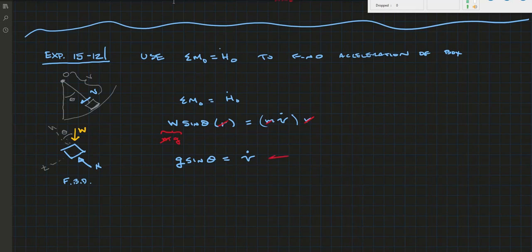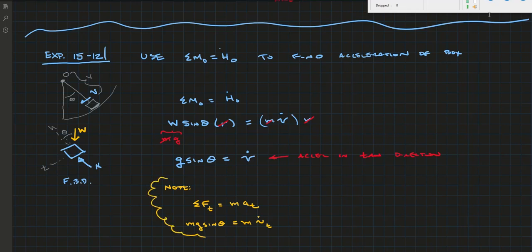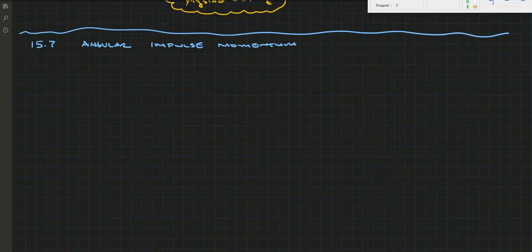And this is our acceleration in the tangential direction. Note, we could use our past methods, and sum forces in the tangential direction, cancel our m here, and we get the exact same relationship.